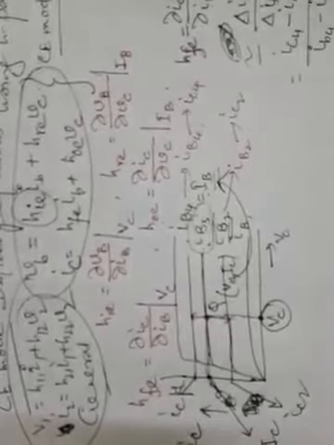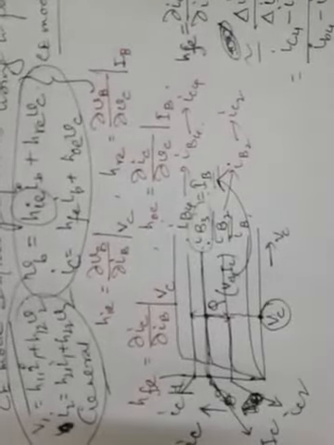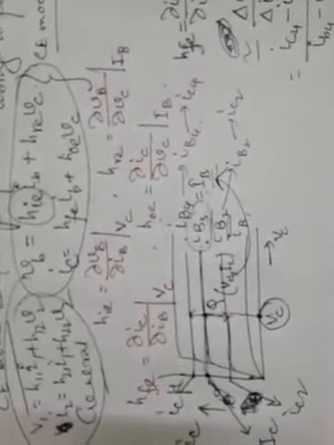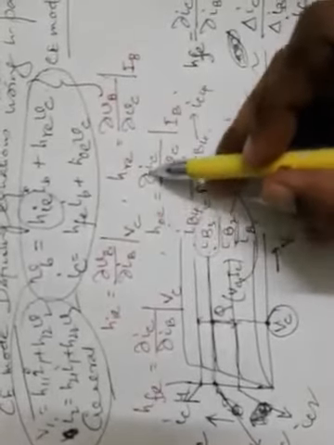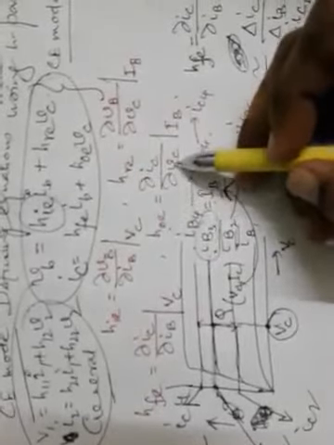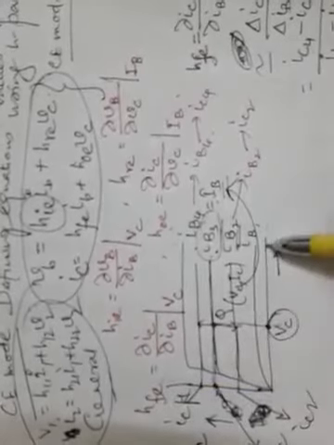Now from the defining equation of HOE it is evident that HOE is simply given by the slope of the output characteristics at the Q point. This is the defining equation. HOE is del IC by del VC, where IC is plotted on the Y axis and VC on the X axis.